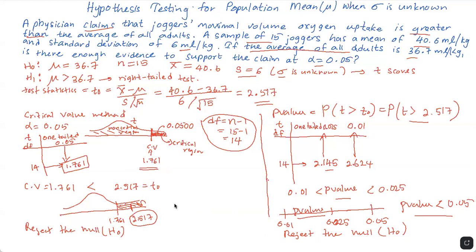So now you can write down your conclusion. Our decision is reject the null hypothesis. So therefore, there is enough evidence to support the claim. What is the claim here?